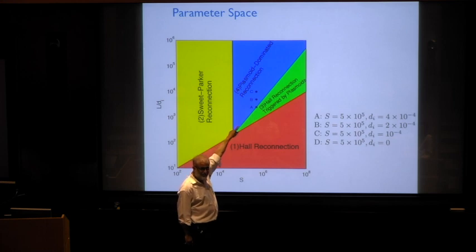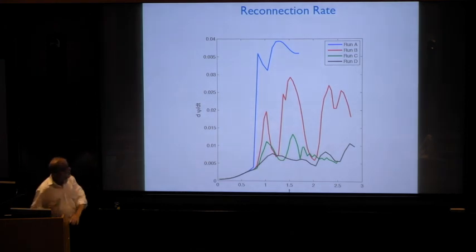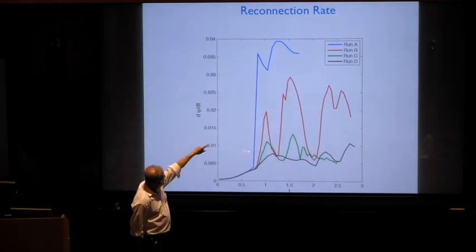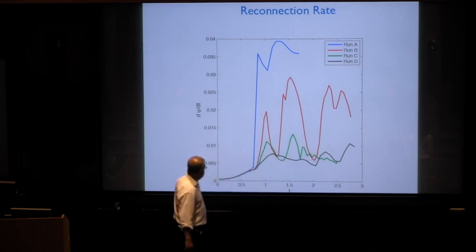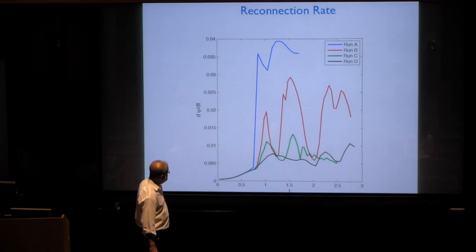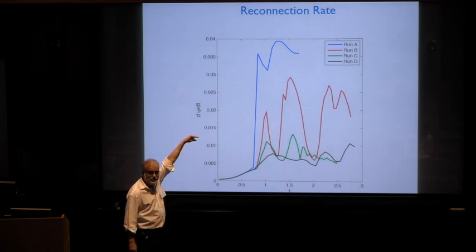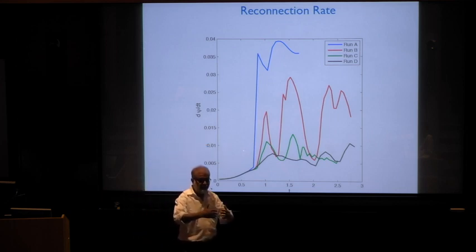What were these runs? Let me go into a little bit more detail. A, B, C, and run D is this lower run, which is essentially at the margin. When you turn on the Hall effects, you get more rapid reconnection than the Sweet-Parker layer was giving you. And you have a competition between the plasmoid instability and the Hall effect.